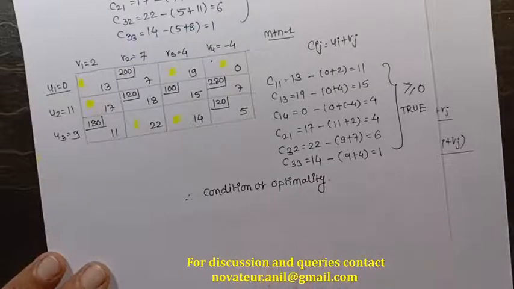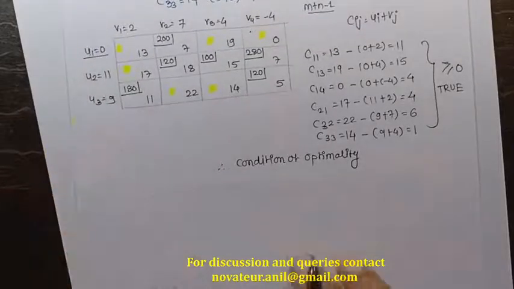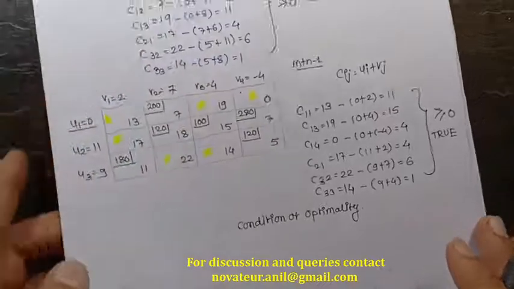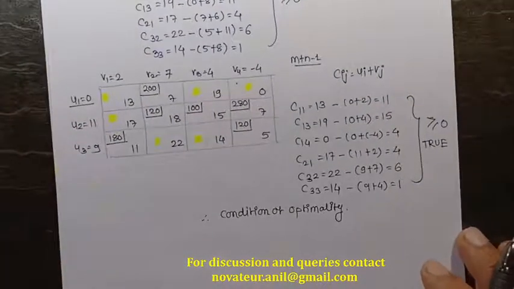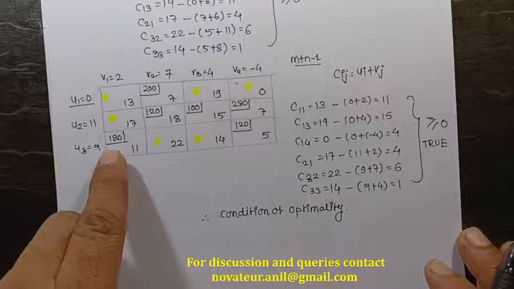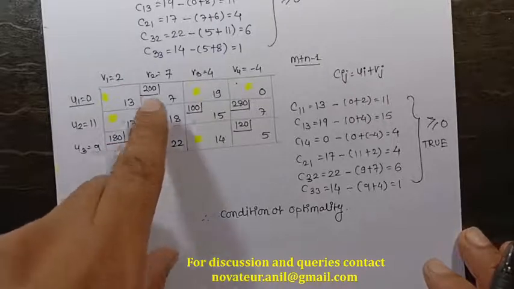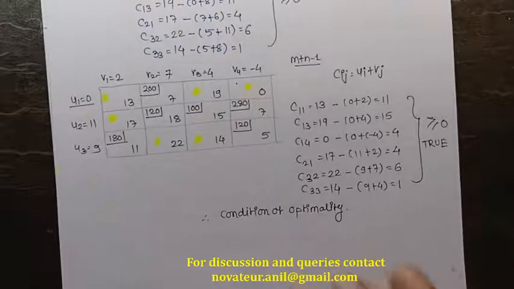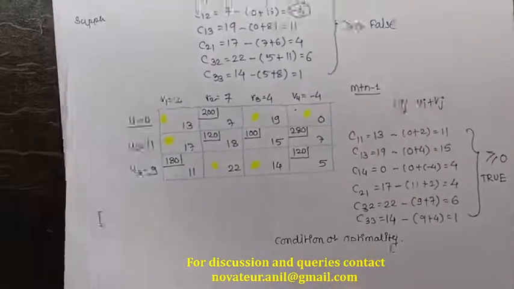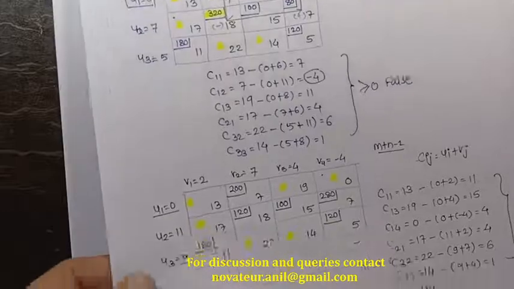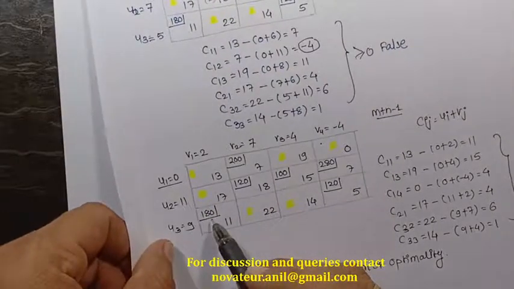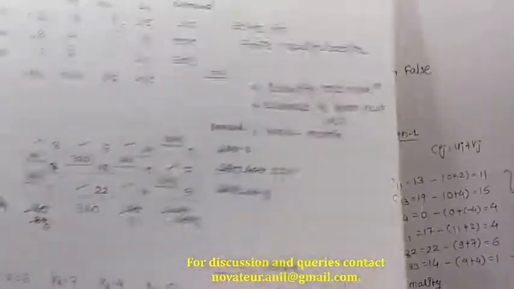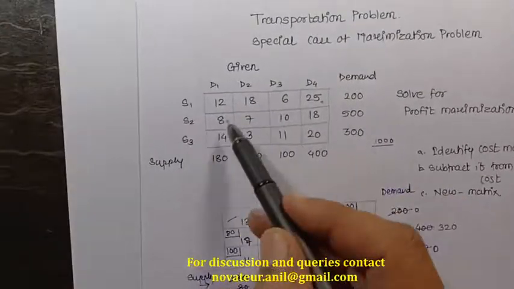Hence this is my optimal solution. So now, as we do in the transportation problem for the final step, we calculate the cost of transportation with multiplication and addition of the particular cells. That means 180 into 11 plus 200 into 7 plus 120 into 18. But here for a maximization problem we need to be very careful: we take these assigned values, but the cost of transportation will be taken from the initial matrix.